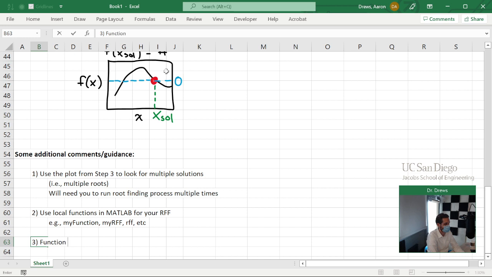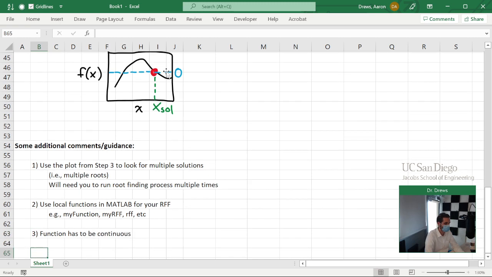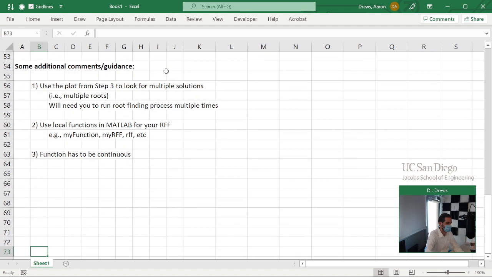And last is just a general comment: if you're ever looking to use these methods, the function has to be continuous. That doesn't mean that it has to be a smooth-looking function. I forget those rules that you learned back in algebra, like the horizontal line rule and the vertical line rule, where if the function passes through the horizontal line more than once, it means something.